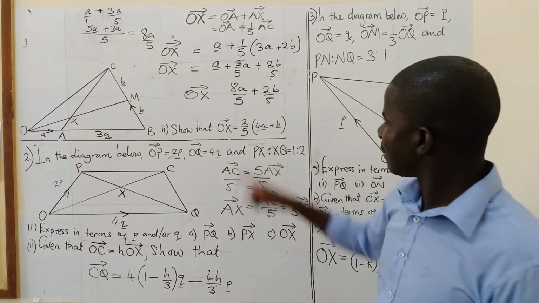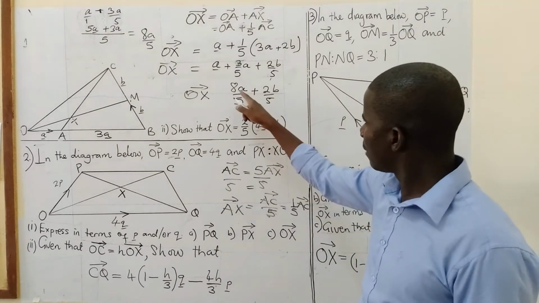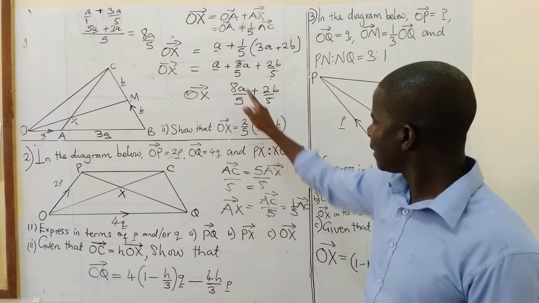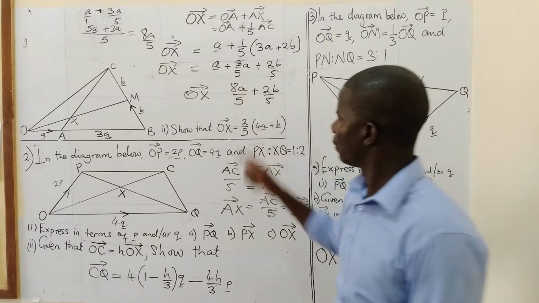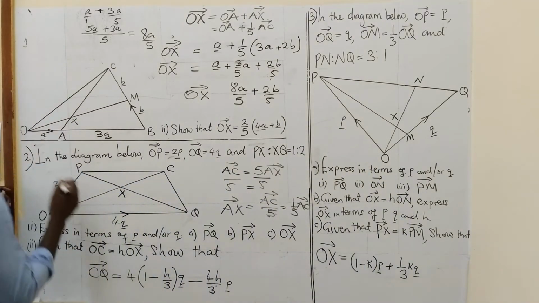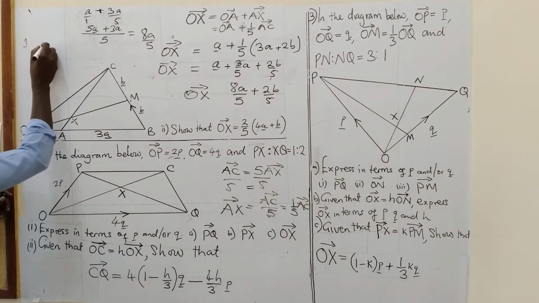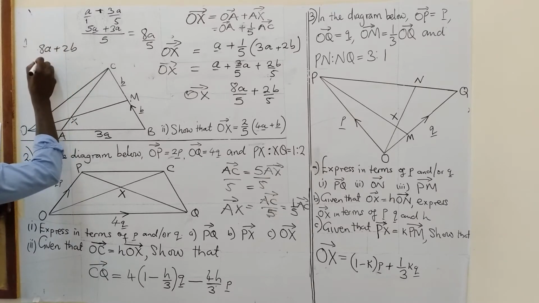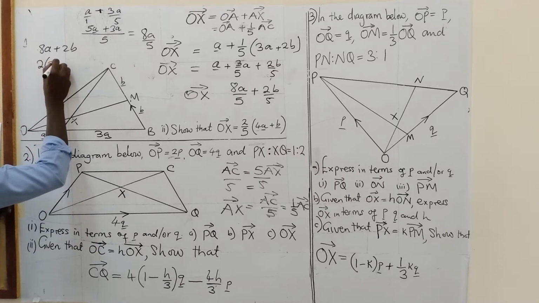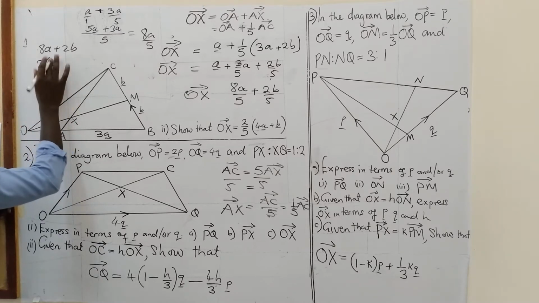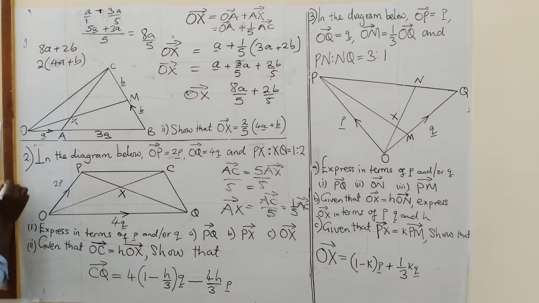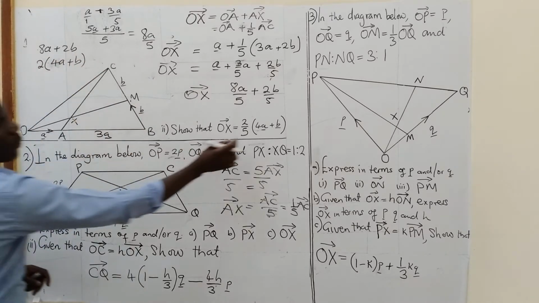So when you factorize 2 on 8 and 2, you have 8a plus 2b. What is common here? 2. So when you factorize 2, you have 4a plus b. Okay? That is where this is coming from.